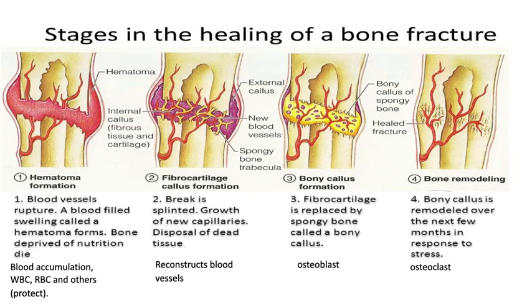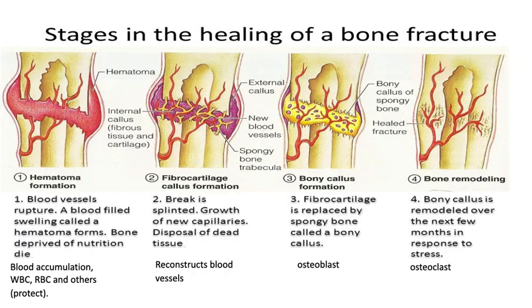So next, there is going to be the formation of a fibrocartilage callus that will form there because of the deposition of the chondroblast cells. And then when they form, they do give rise to the model. It's going to be replaced by a bone-like structure because of the osteoblast cells.